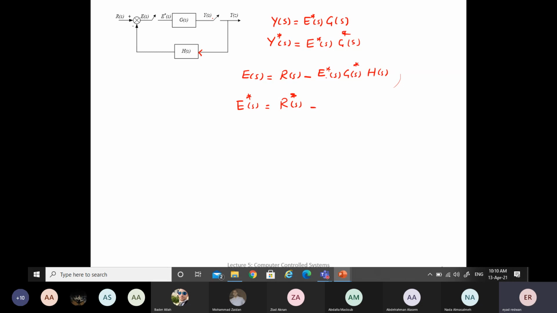Notice this star is already discrete, so I have to find the discrete format of this.